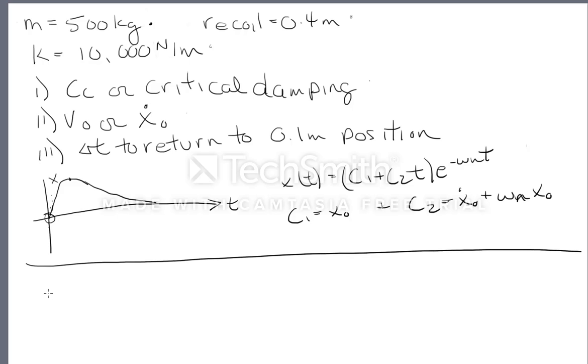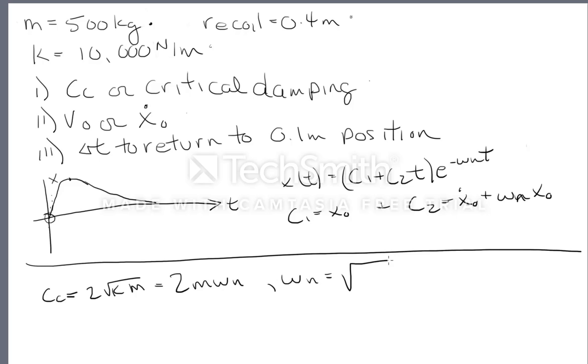We're going to look at cc, the critical damping coefficient. Okay, so we know cc is equal to 2 root km, which should also be written as 2 m omega n. Okay, what does omega n equal?